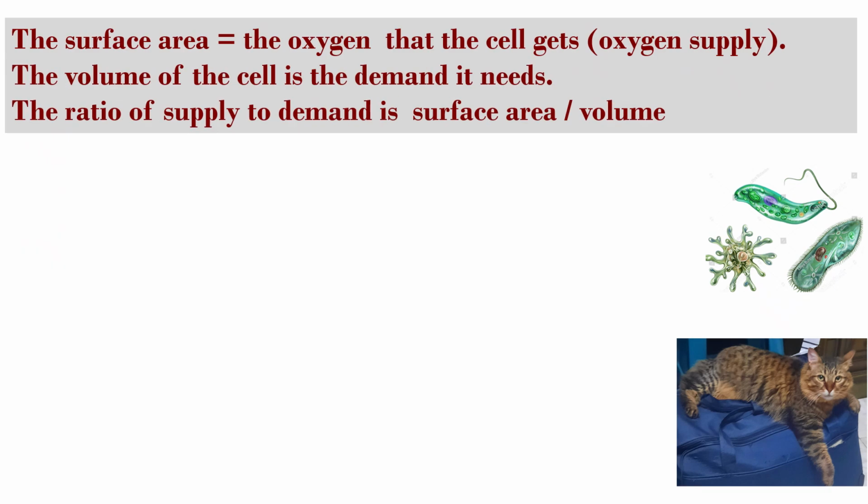The surface area represents the oxygen that the cell gets, or the oxygen supply. The volume of the cell is the demand it needs, the amount of oxygen it needs. The ratio of the supply to the demand is the ratio between the surface area and the volume.